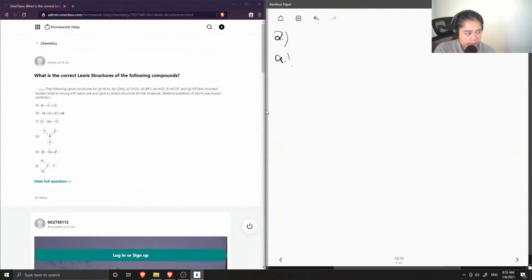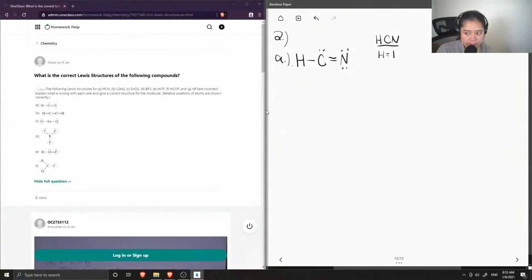So let's start off with writing the wrong molecule, just so that we can compare it and see what's wrong. So it's supposed to be a molecule of HCN. So let's start off with writing all the total valence electrons in the molecule.